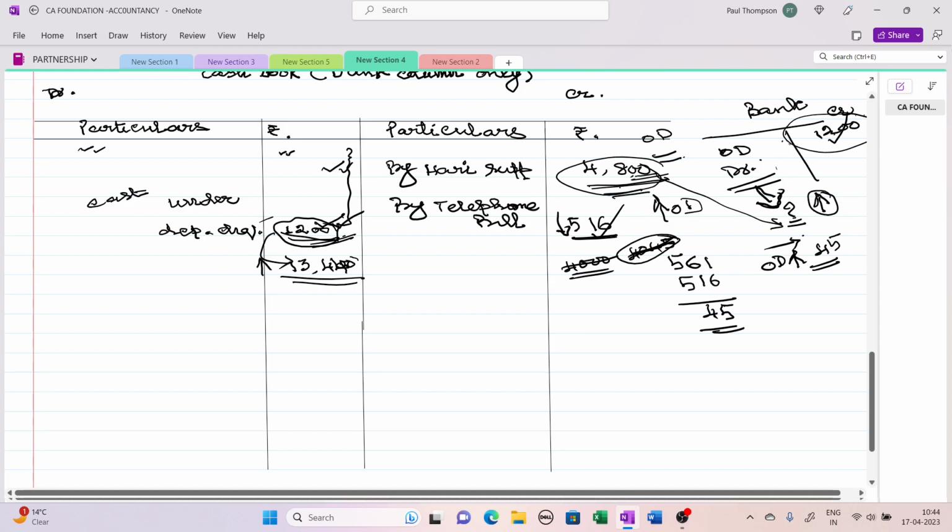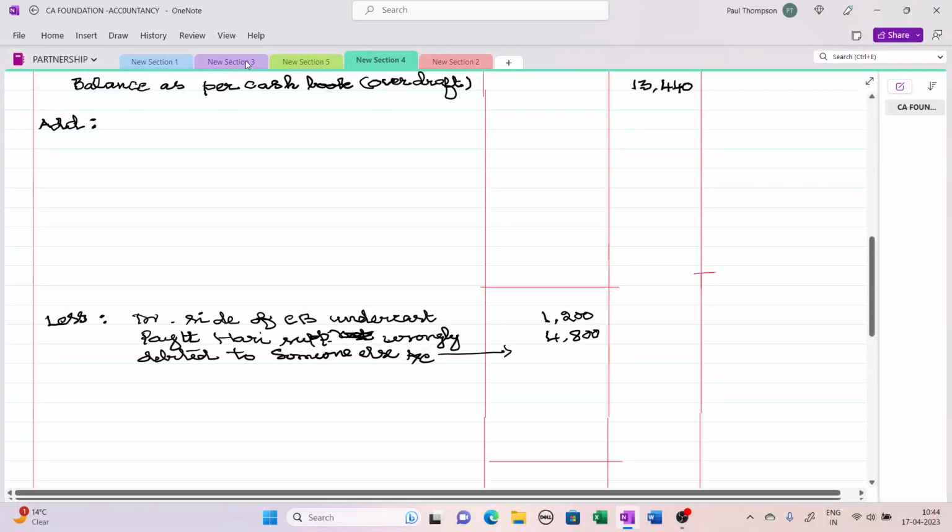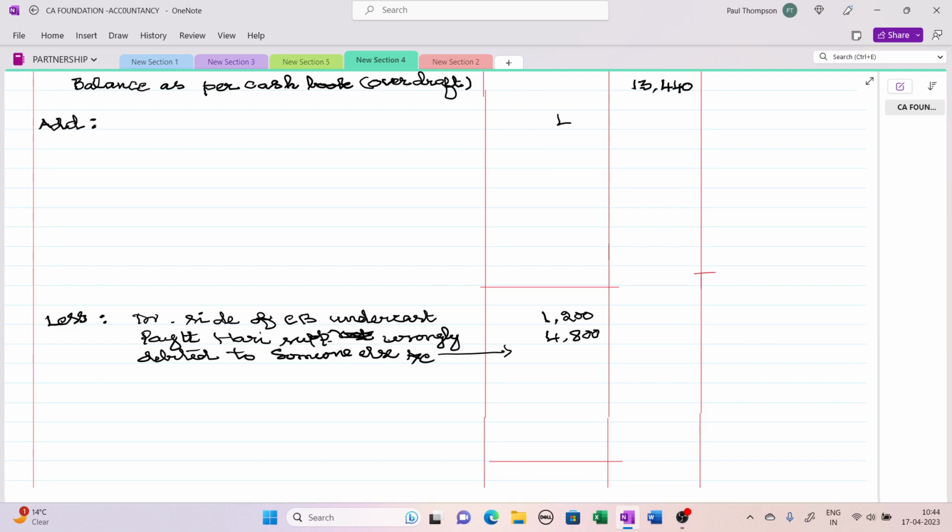So my target book is the bank book, the bank statement. So I should do accordingly. Here the overdraft is increased by 45 rupees. So I have to add this 45 rupees with the overdraft.